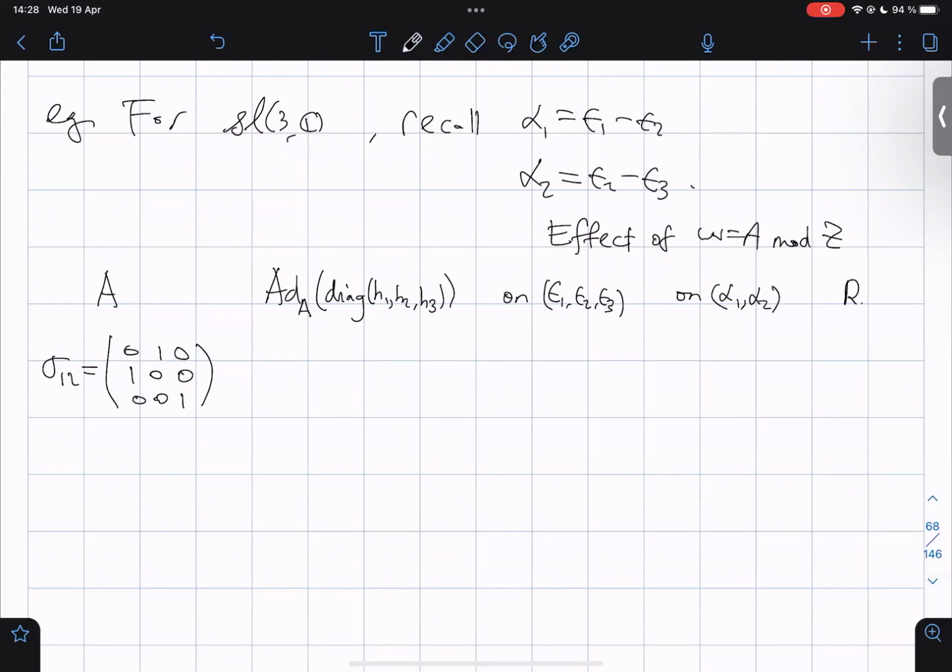And lastly, running out of space, the last column is what that reflection is. So when you take this element and let it act on the diagonal matrix, so you conjugate using this element, what that is going to do is swap the first and second entries.